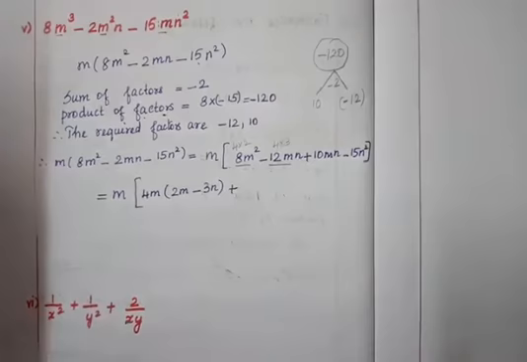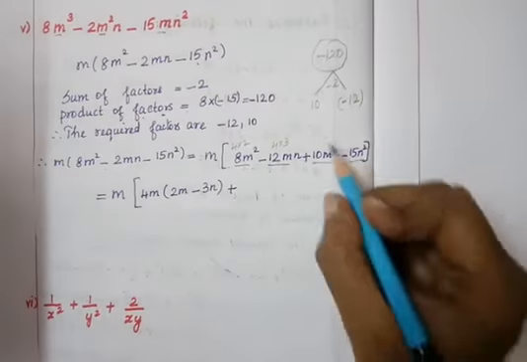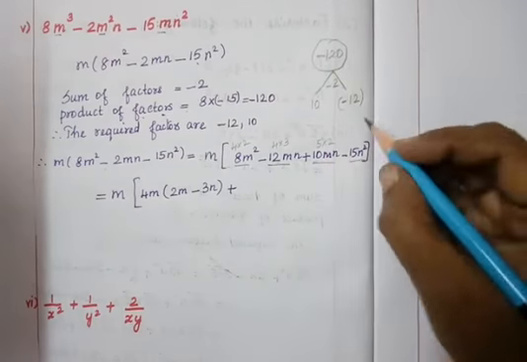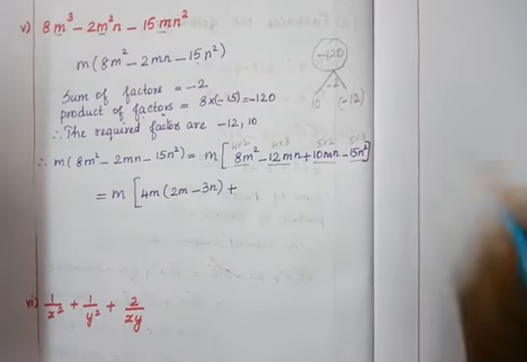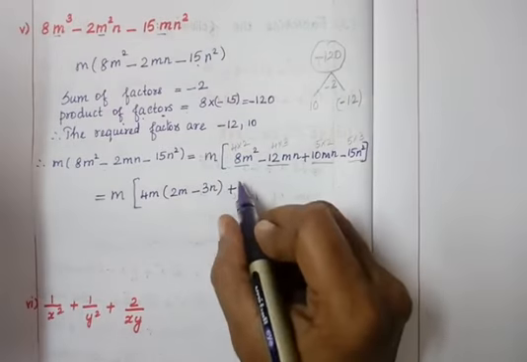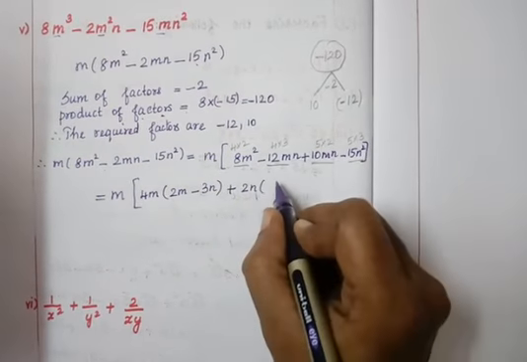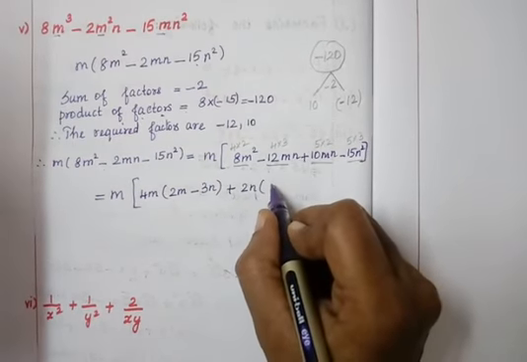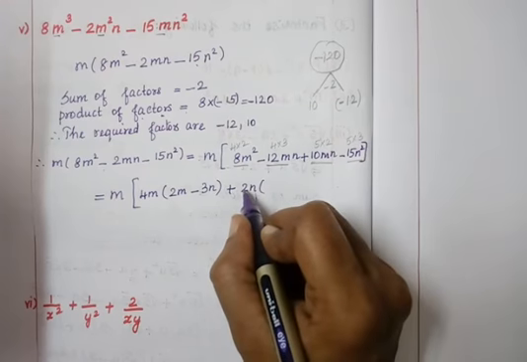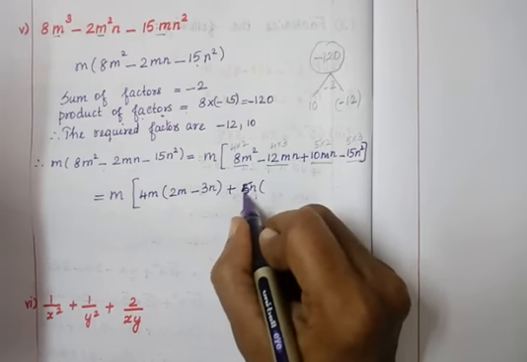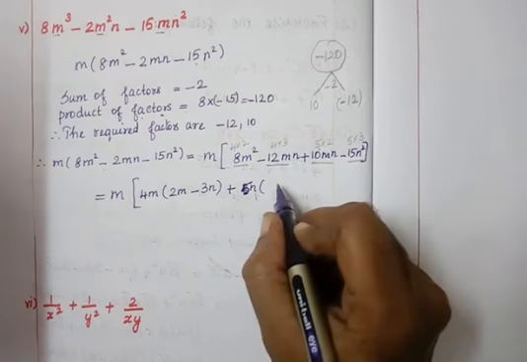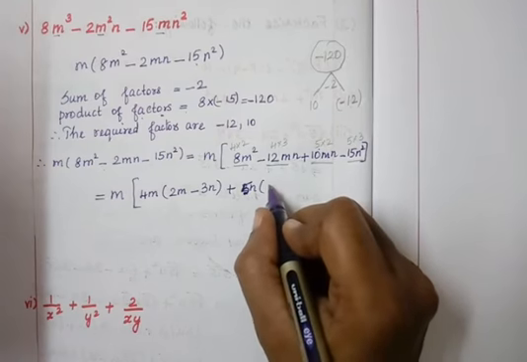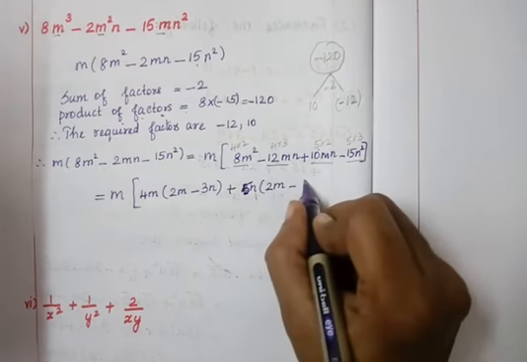Then here 5 into 2, then 5 into 3. So 5n is common. So the remaining factors are 2m minus 3n.